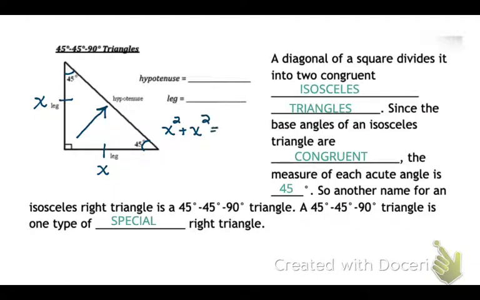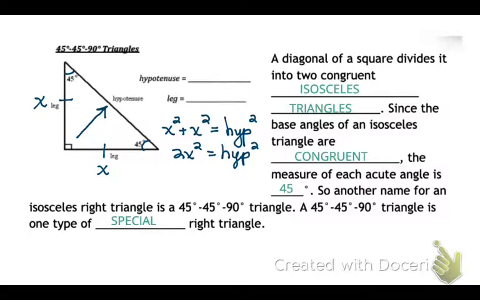That's going to be equal to the hypotenuse squared. So now we can start to solve this equation for the length of the hypotenuse. So we have 2x squared over here on the left side equal to the hypotenuse squared.